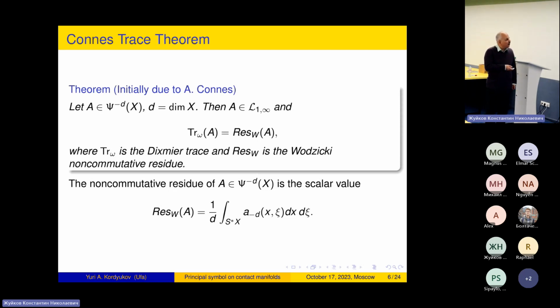Another subject is the Connes trace theorem, initially proved by Alain Connes. The observation was that we start with the so-called Dixmier trace, which is an example of a singular trace on the algebra of bounded operators.